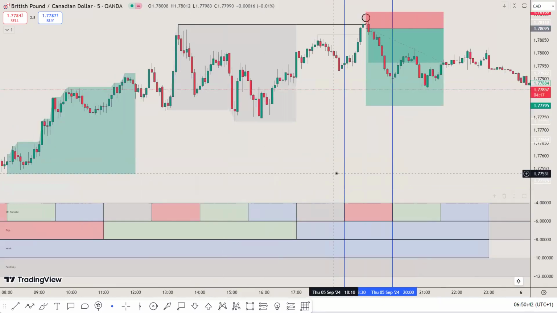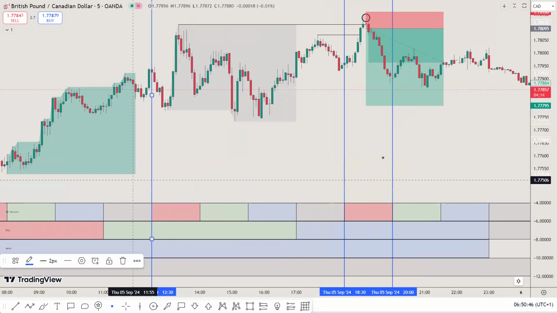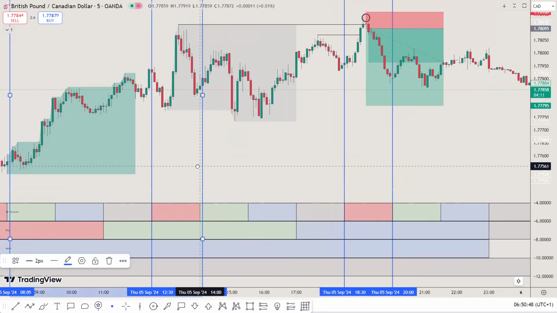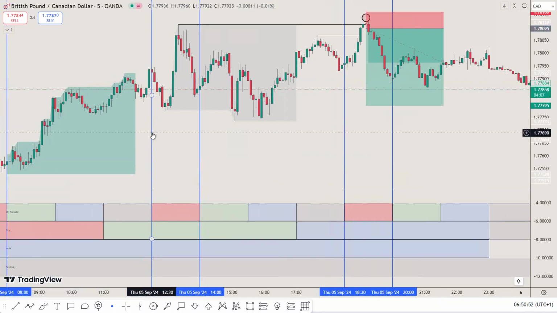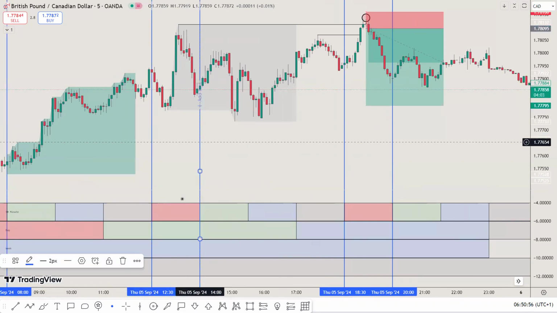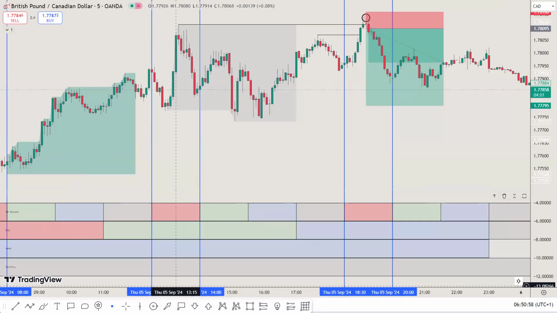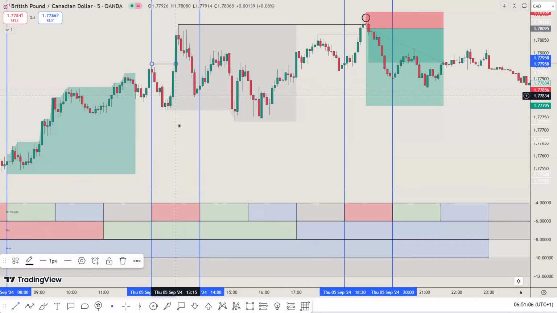So let's put a line there. Another line. So all we want to see is from what? 12:30 a.m. to 2 p.m. Was there any sweep with a pin bar available? So we have a sweep here, right?